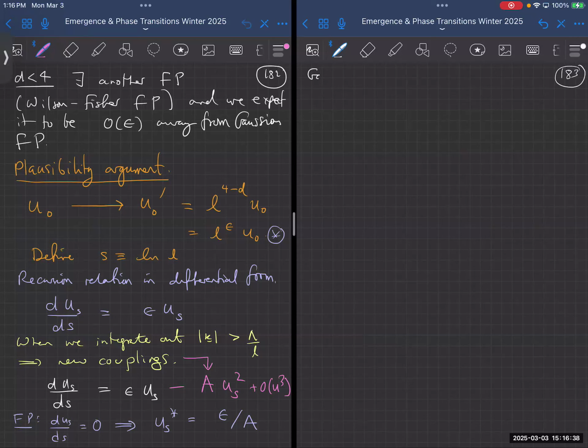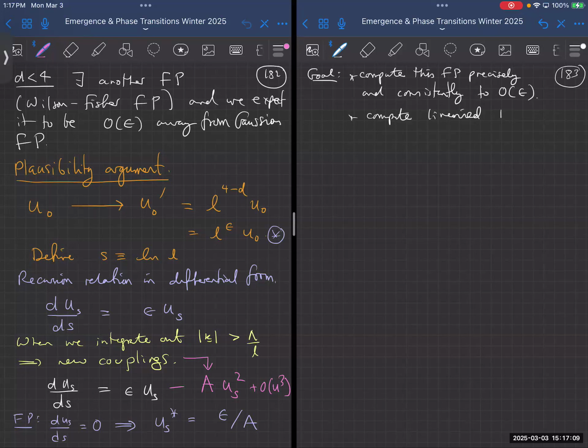So what that means is that our goal should be to compute this precisely and consistently to order epsilon, and then once we've done that, compute the linearized renormalization group transformation near this fixed point, and then get the eigenvalues, and from that get the critical exponents.